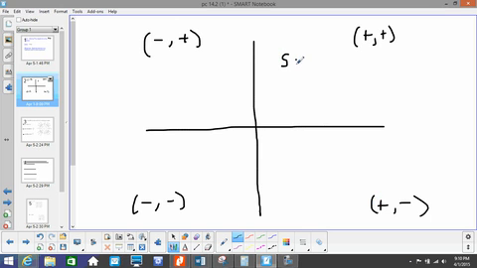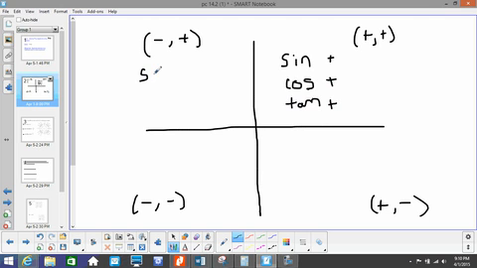So if I did sine, cosine, tangent, here sine is positive, cosine is positive, sine over cosine is positive.